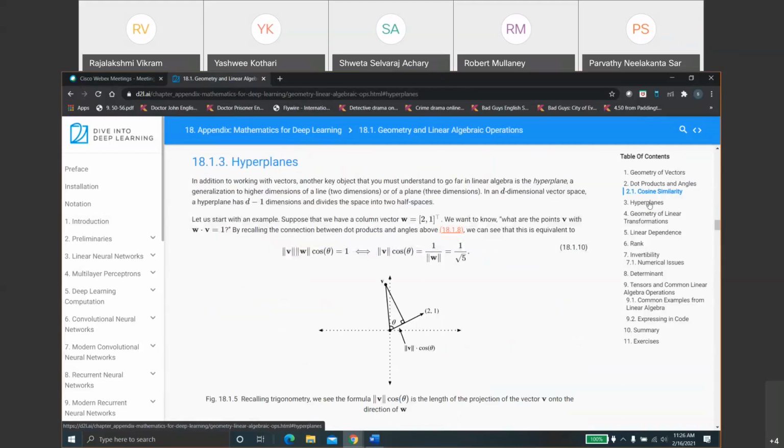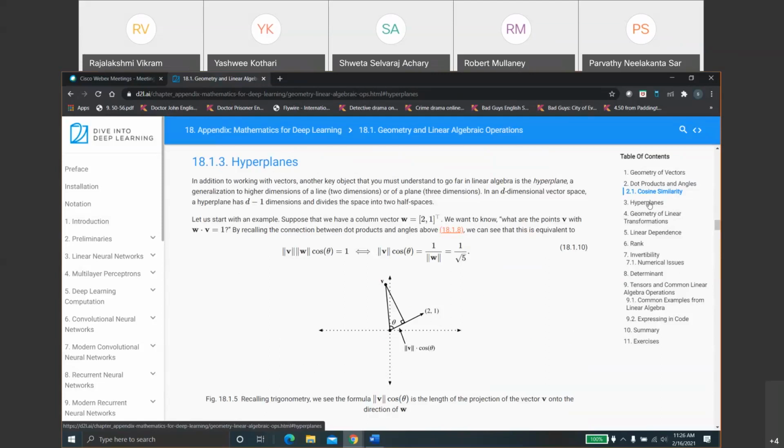What is a hyperplane? A hyperplane is a generalization of a line to higher dimensions. What does this mean? What is the use of a hyperplane? Consider a plane, a sheet of paper, passing through the diagonal of your room. This hyperplane will cut your room into two parts, one above and one below.